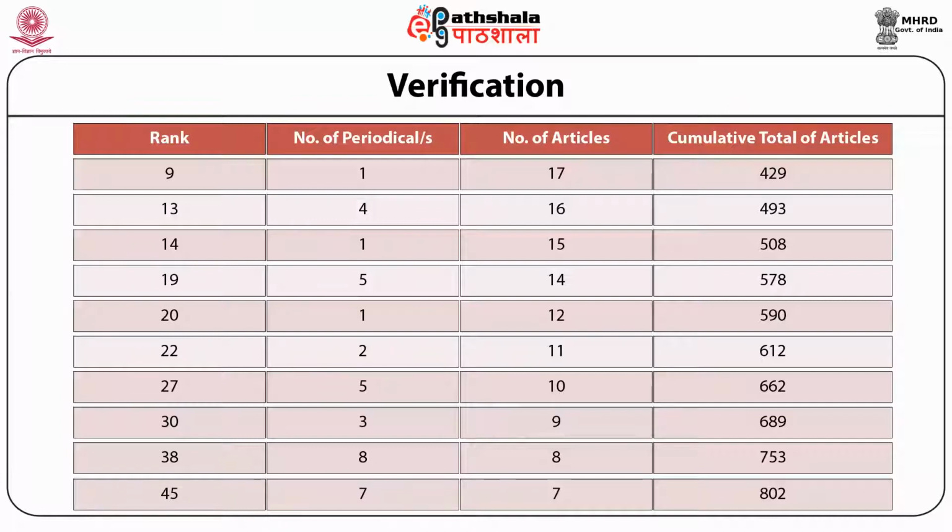And cumulative total of articles, there you find 429, 445, 461, 477 and 493. Now we have already talked about the 10th rank and 445, that is cumulative total. In this table you can see that.